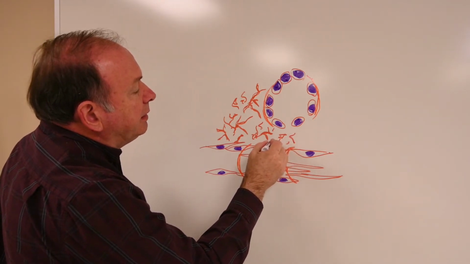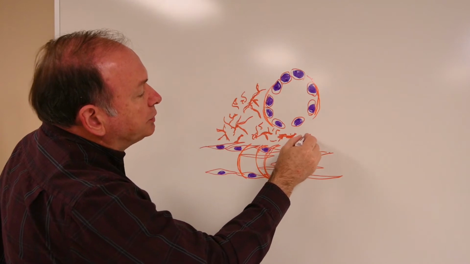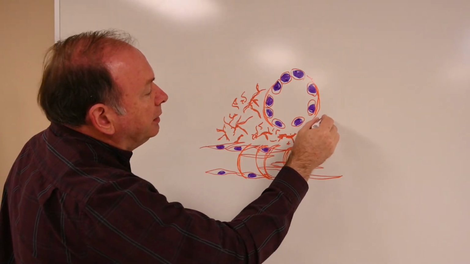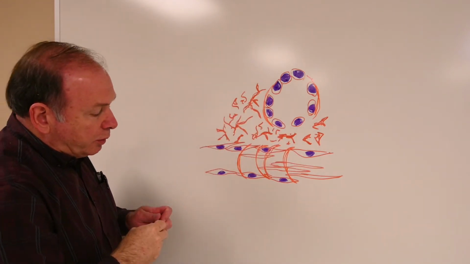All this reticular fiber region made from reticular cells makes up most of your splenic cord out here. So I'll just put a little bit of splenic cord material out there.